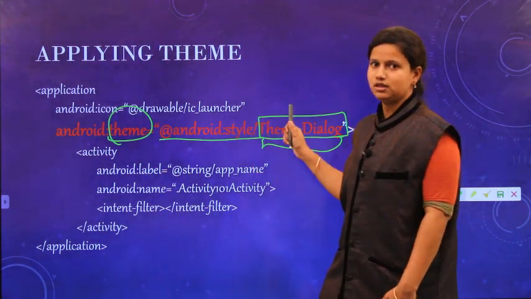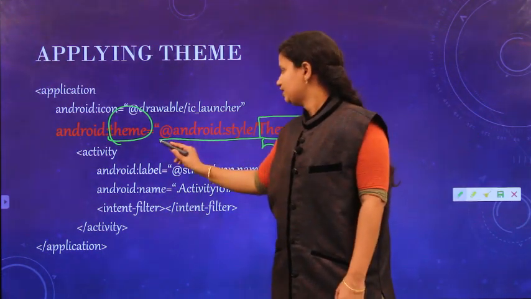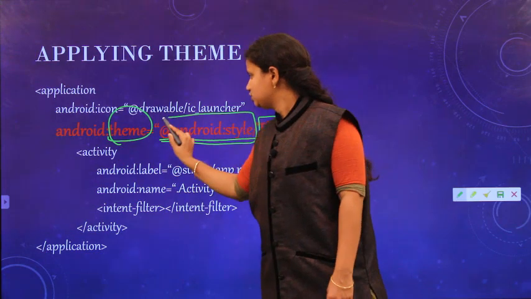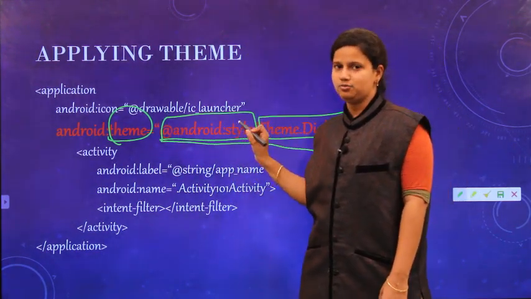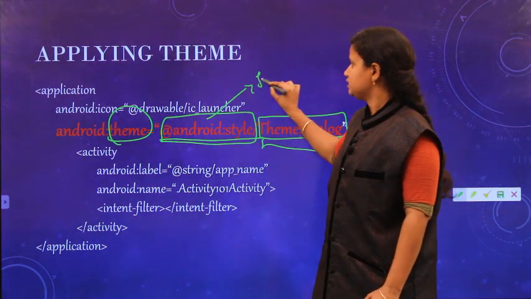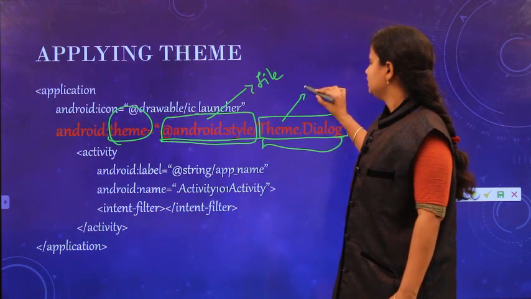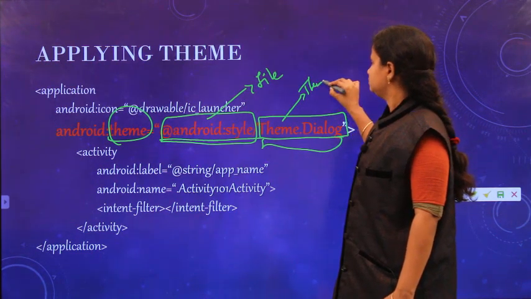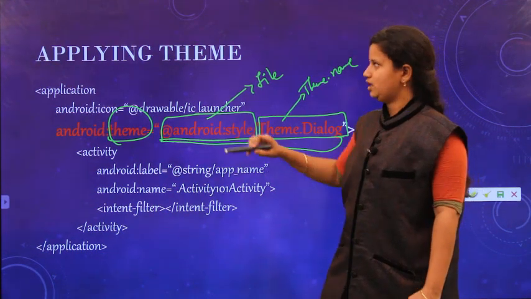This is the theme name that we want to apply, and this part indicates from which file we have to access it. The file address is mentioned in these places, and this one is the theme name. We have to mention the theme name here.